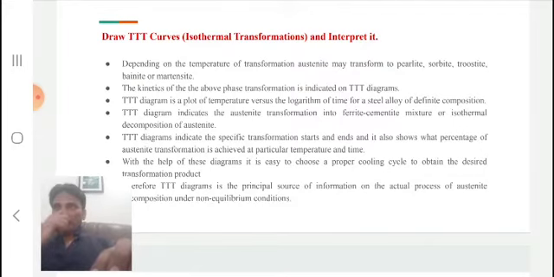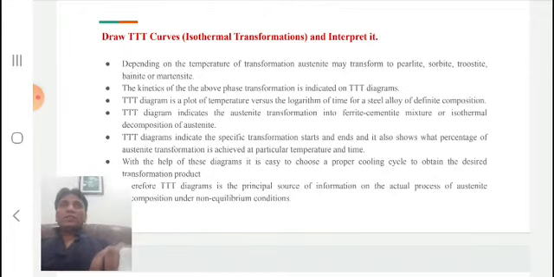Therefore, TTT diagrams are the principal source on the actual process of austenite decomposition under non-equilibrium conditions.